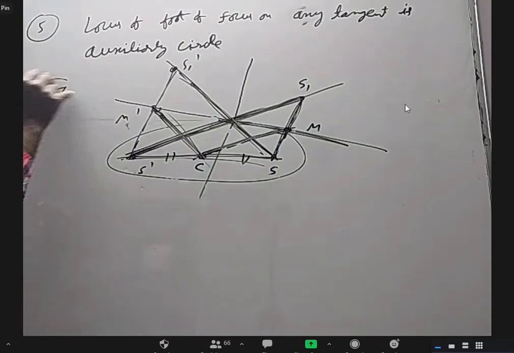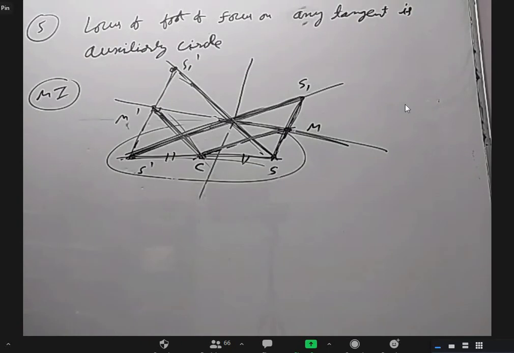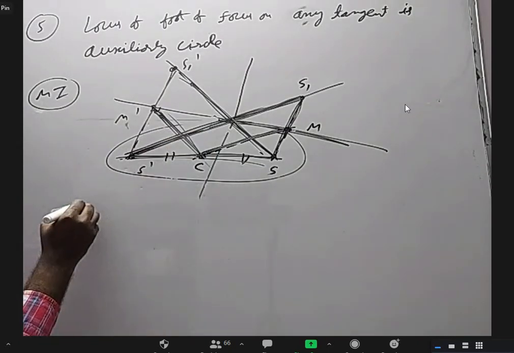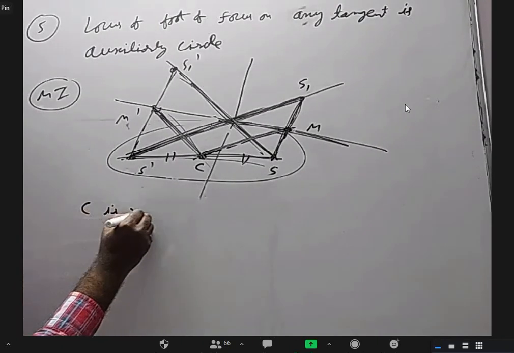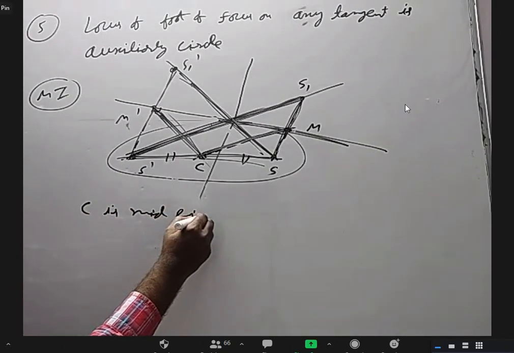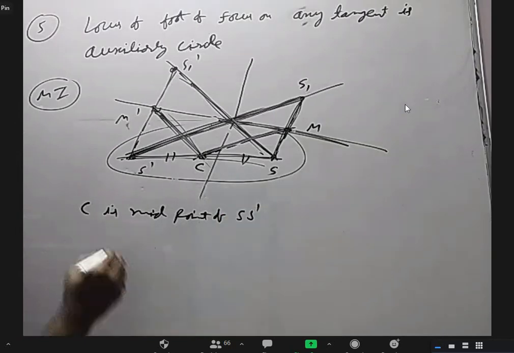I will discuss two proofs. Method 1. You can say C is the midpoint of SS dash.